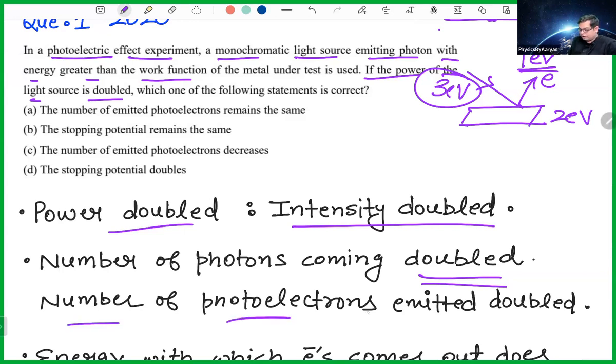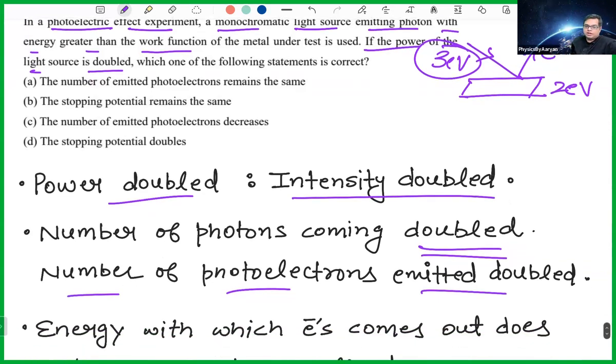So the number of photoelectrons which are emitting will also be doubled. So initially if 10 photoelectrons were emitted, now 20 photoelectrons will be emitted. But all of them are still emitted with 1 electron volt because energies have not changed. Number of electrons have changed. Okay, how many electrons are coming is now doubled. So the number of photoelectrons which are emitted is also doubled.